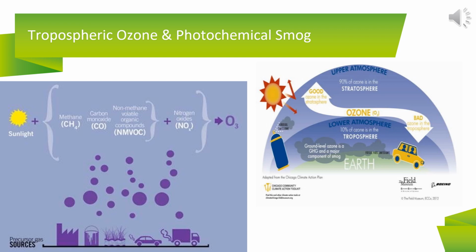So remember, in the troposphere, VOCs and nitrogen oxides interact with sunlight and form tropospheric ozone, which can go on to become part of photochemical smog. In the stratosphere, ozone is formed through the interaction of O2, free oxygen atoms, and sunlight to form the ozone that we need to protect us from UV radiation. Tropospheric bad, stratospheric good.